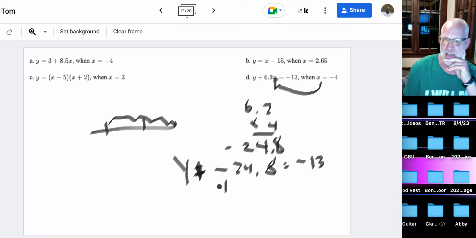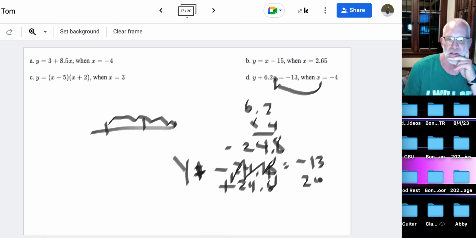So what I did is I just added 24.8 to this side. So that got the y by itself. And then I added 24.8 to here. And then I said, well, negative 13 plus 24.8 is the same thing as 24.8 subtract 13. So I just subtracted that out of there.